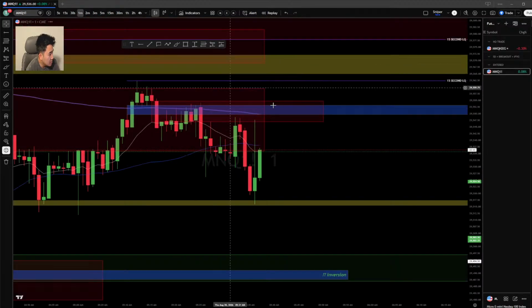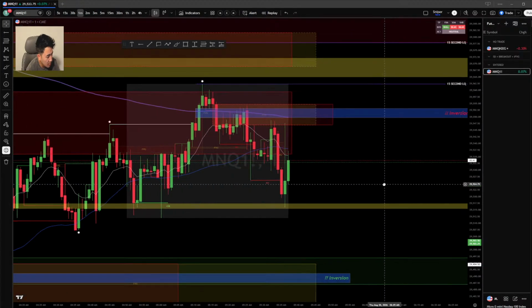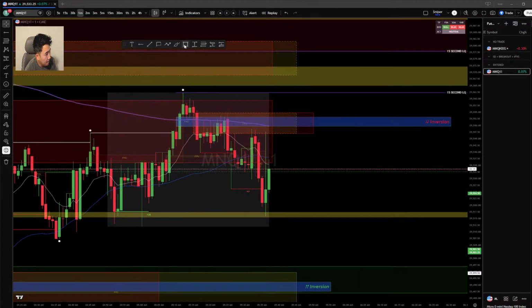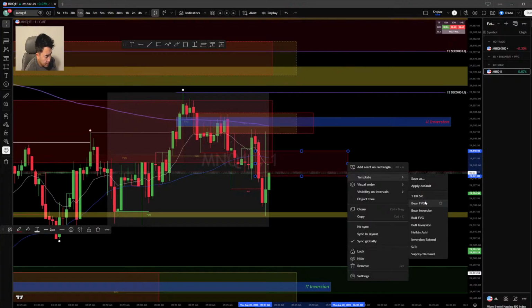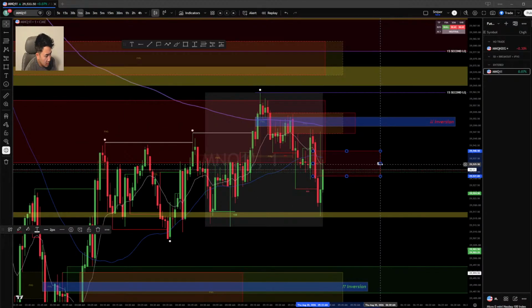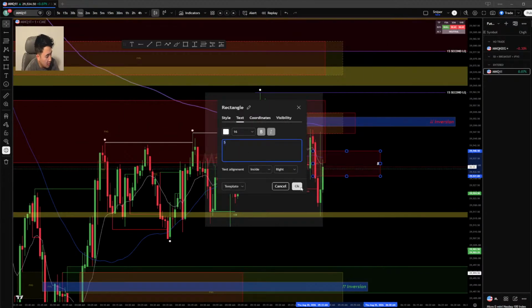Let's see what's happening on the 1 minute. So we have this bearish gap right here. Why does it keep showing this 5 on here?